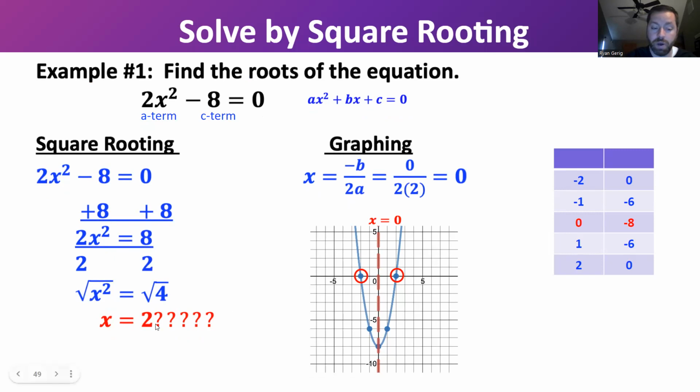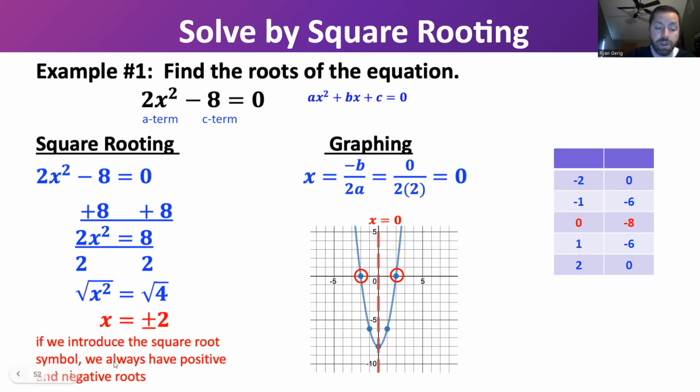Why did I only get 1? Well, because when you introduce a square root, what I mean by that is, back at the very beginning, the 2x squared minus 8 equals 0, there was no square root in there. We introduced the square root by solving it in this step here. We did x squared equals 4, and we took the square root of both sides. Whenever you introduce the square root, you always have the positive and the negative roots.